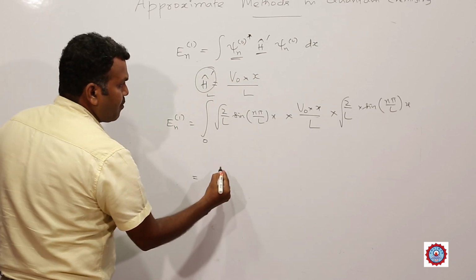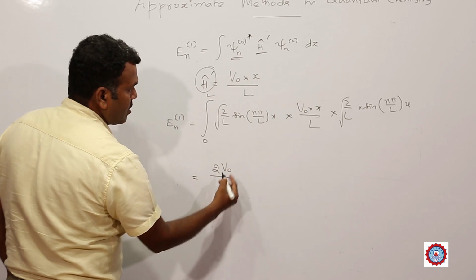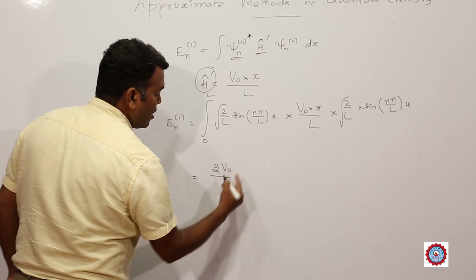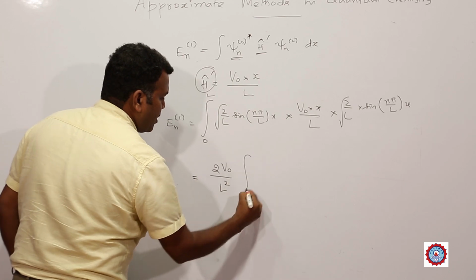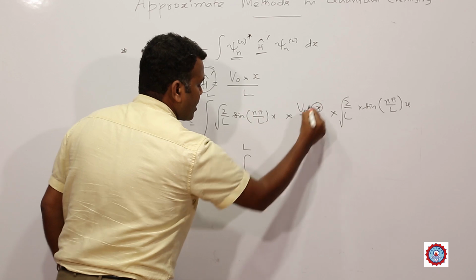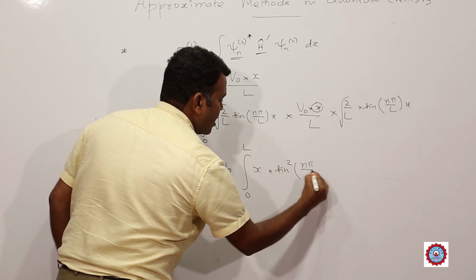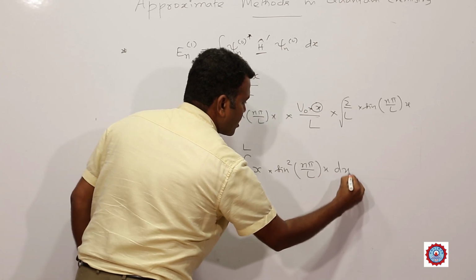So, you will get 2 V naught by L square, integral from 0 to L of x into sin square n pi by L into x dx.